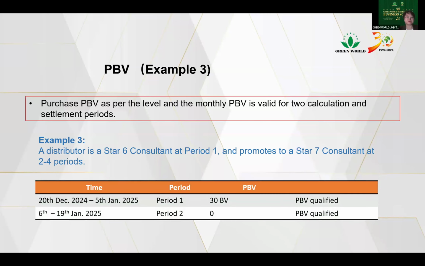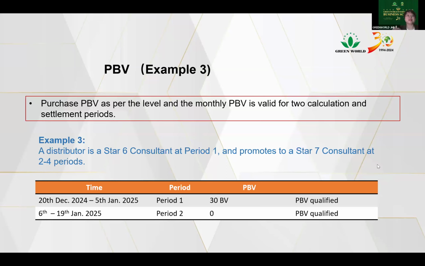Now here we give you the third scenario. For example, a distributor is a star 6 consultant at period number 1 and promoted to star 7 consultant from the 2nd to the 4th period. If that person buys the 30 BV in the first period, he will be considered qualified for the first and also the second period.